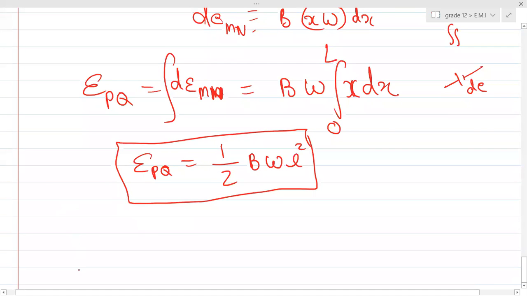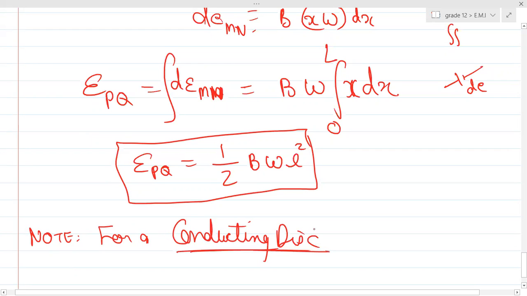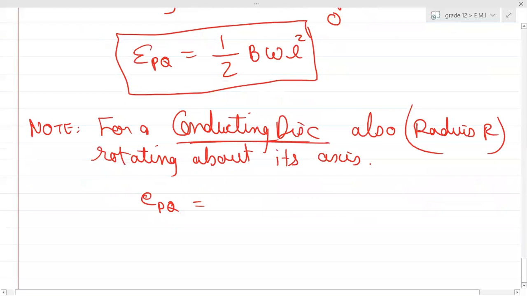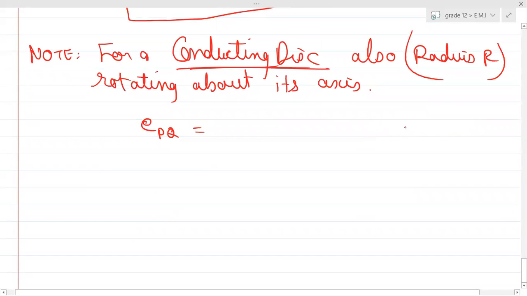Please note for a conducting disc also. For a conducting disc of radius R rotating about its axis, the EMF across PQ will be, can you see a disc?